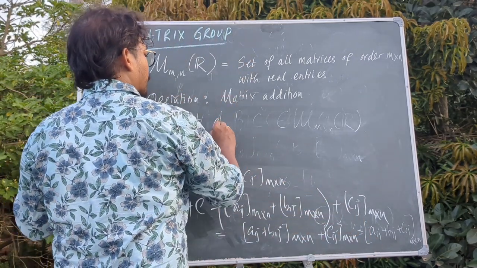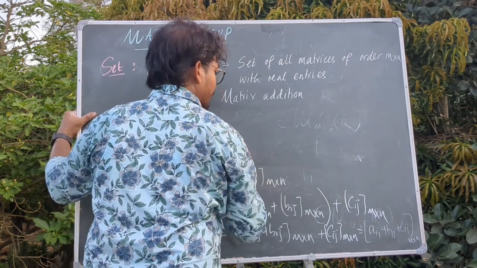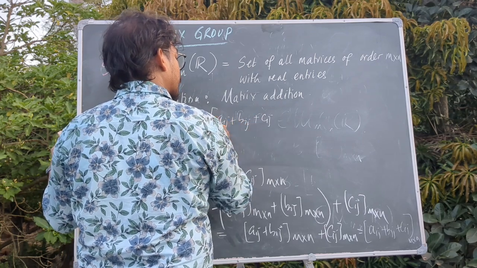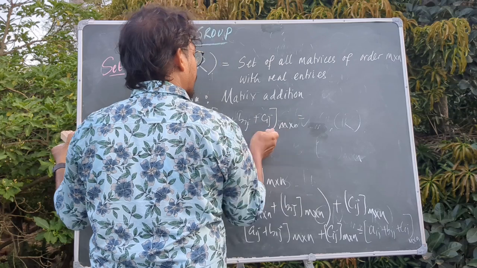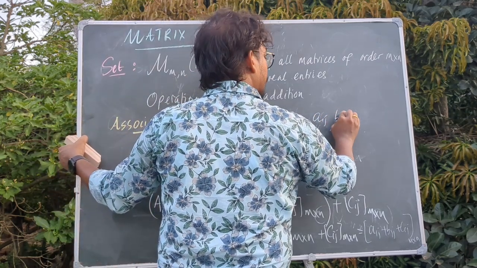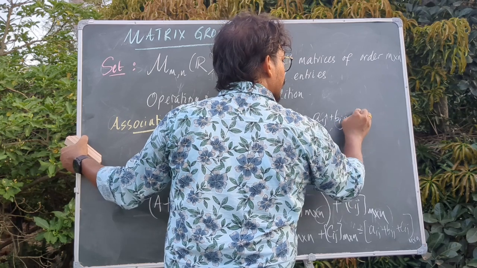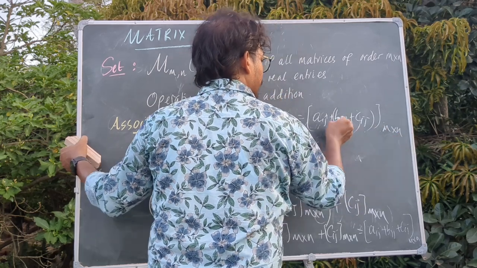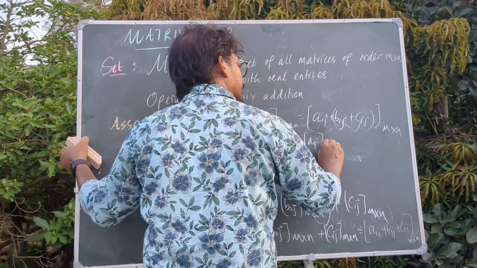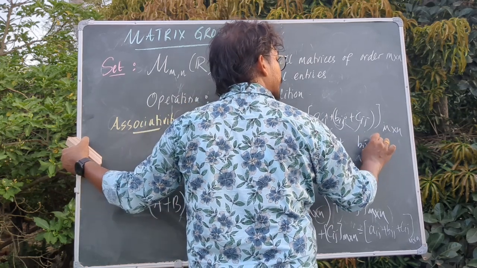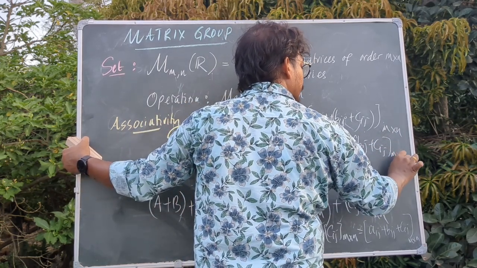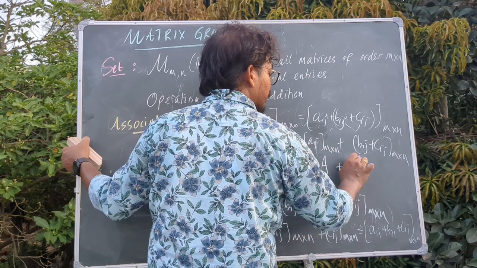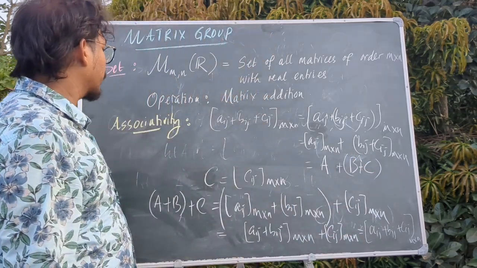This one, Aij plus Bij plus Cij. I can take Bij plus Cij in a bracket. Then we have Aij m n plus Bij plus Cij, which is same as capital A plus the bracket of B plus C, and we are done. Associativity.